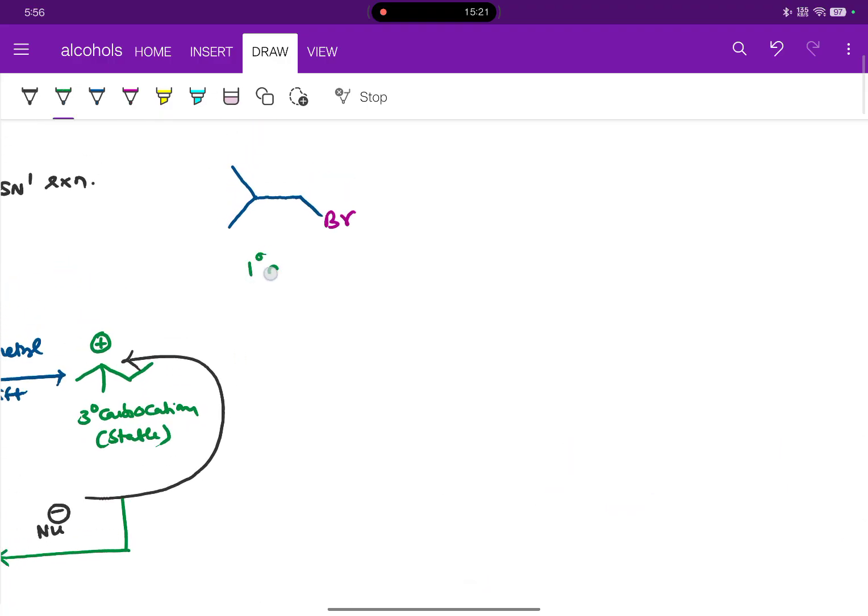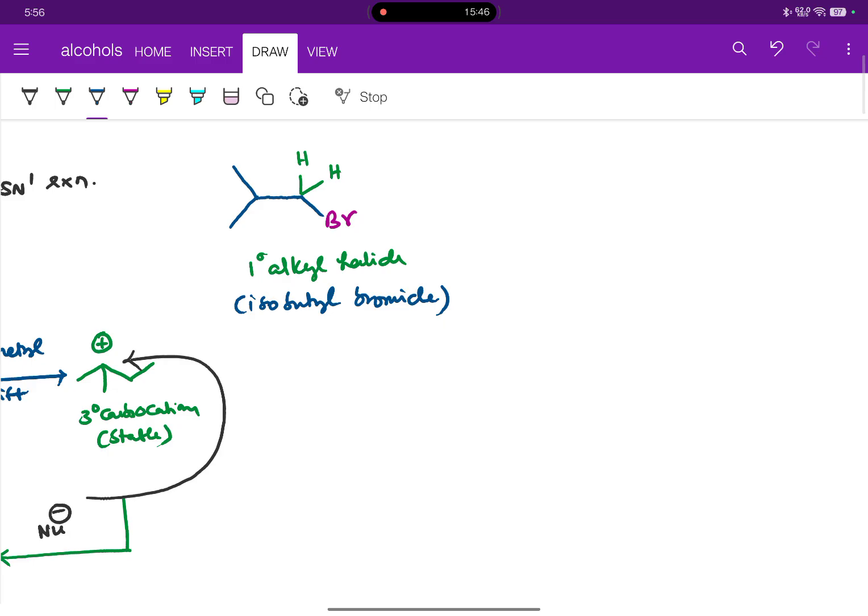It's a primary alkyl halide, correct? Because it has only one beta carbon, the other two are hydrogens. So very clearly you can see it's a primary alkyl halide. Isobutyl bromide.